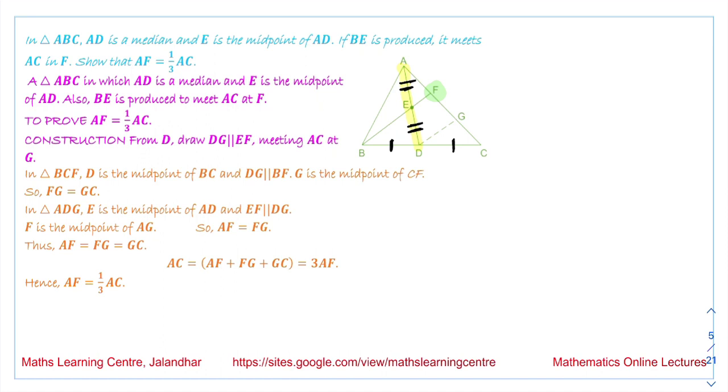To prove this, we do a construction over here. The construction is to draw a line DG parallel to EF, meeting AC at G. We have drawn these two lines parallel to each other.